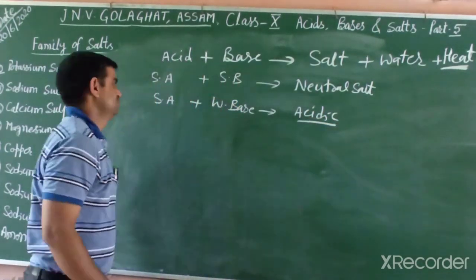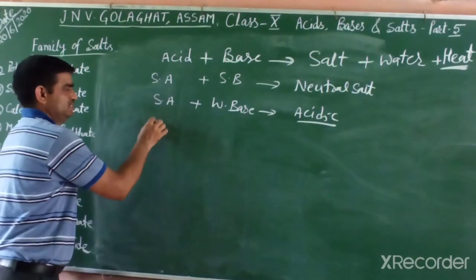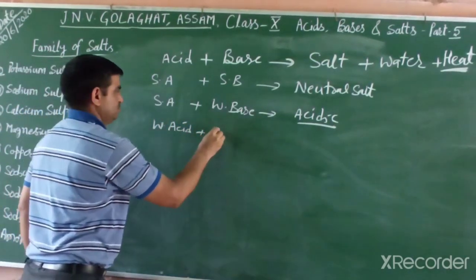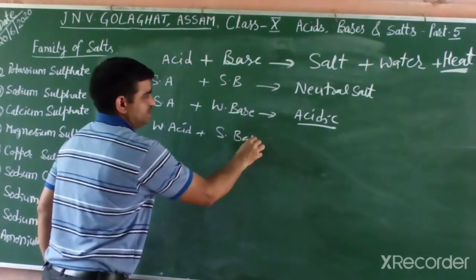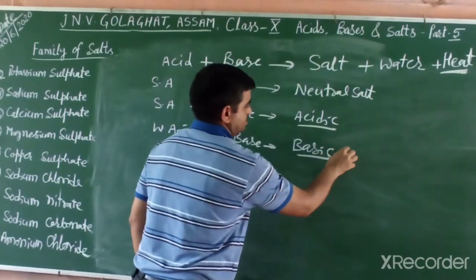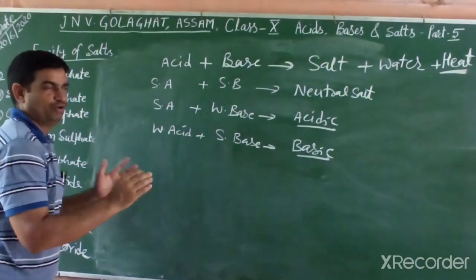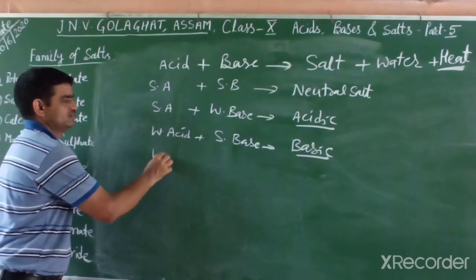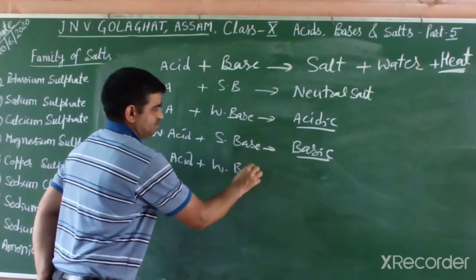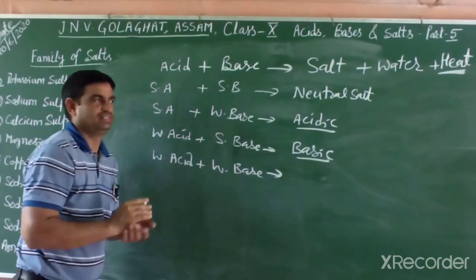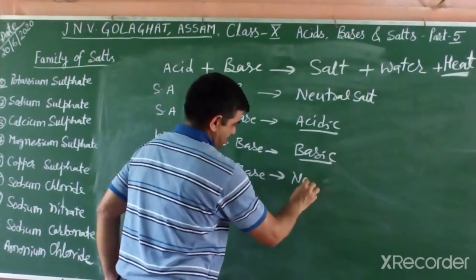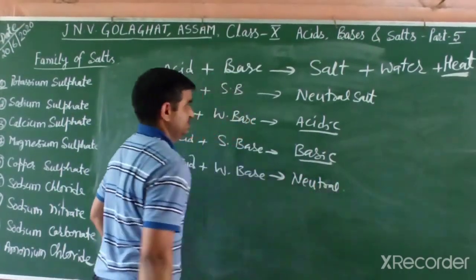If we take weak acid plus strong base, then we get a basic salt. And if both are weak, weak acid plus weak base, then it depends on their strength or concentration. If both are equal, then generally we get a neutral salt.